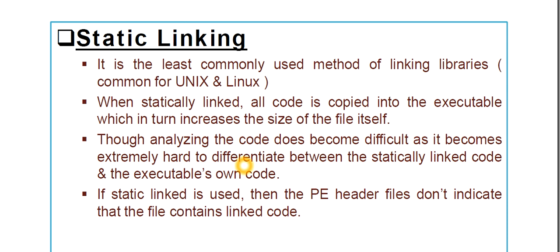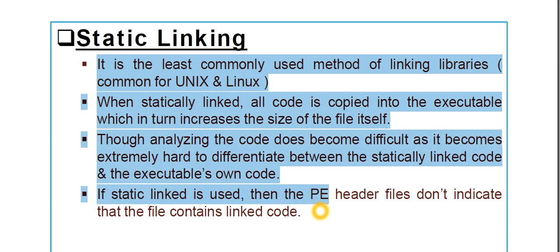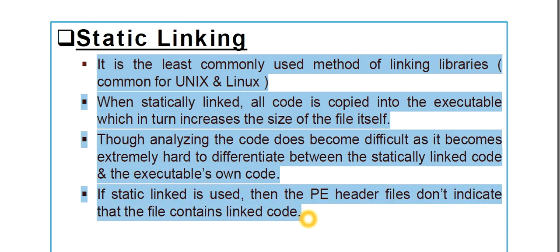One important advantage of static linking is that it is more secure. If static linking is used, then the PE header does not indicate that the file contains the linked code. This is the advantage of static linking, mostly used in Unix and Linux. That's why we say that Unix and Linux are more secure than Windows.